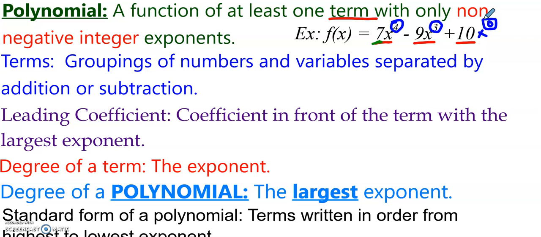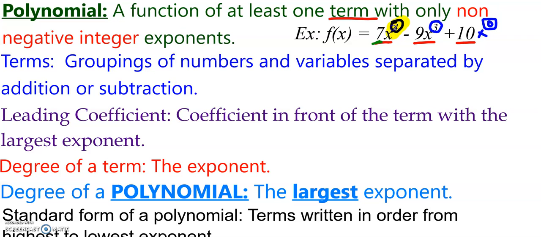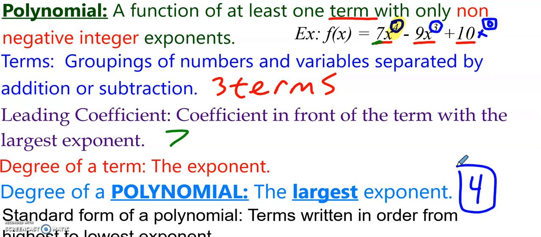So in this case, that is going to be our 4. So if we go back here and we start to label things, I know that the leading coefficient was 7. There were 3 terms. We looked at the degree of each exponent, but the degree of the polynomial is 4.